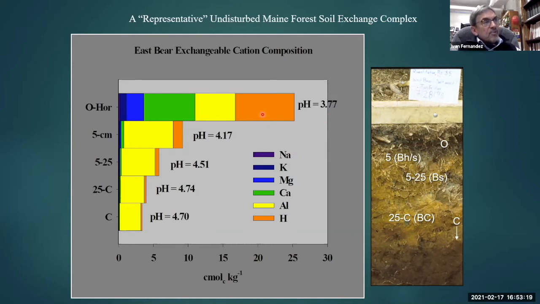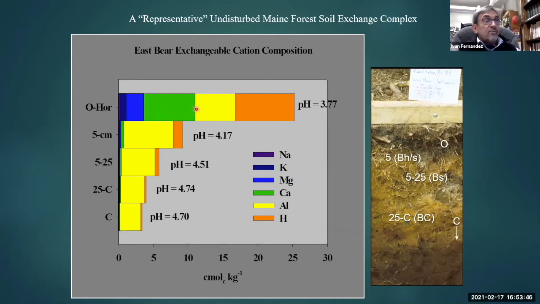If we look at the composition of the cation exchange complex here, you've got a lot of hydrogen because it's organics, a lot of available hydrogen that comes from organic functional groups. You have a fair amount of aluminum, but even though the pH is low, we have a lot of calcium, a fair amount of magnesium, and potassium.